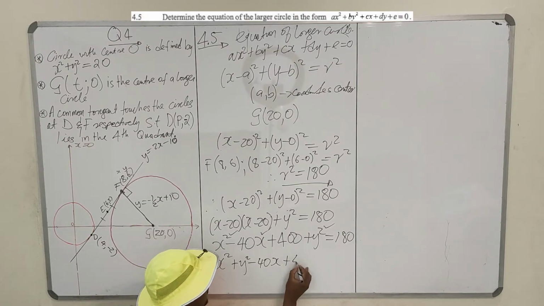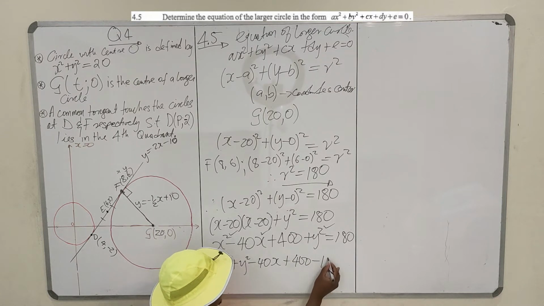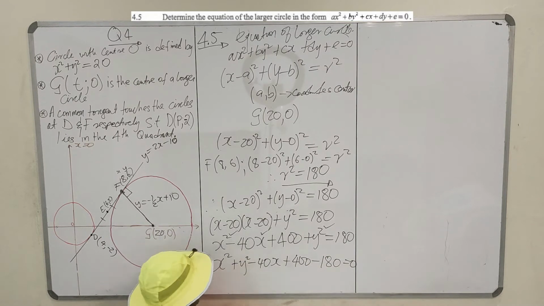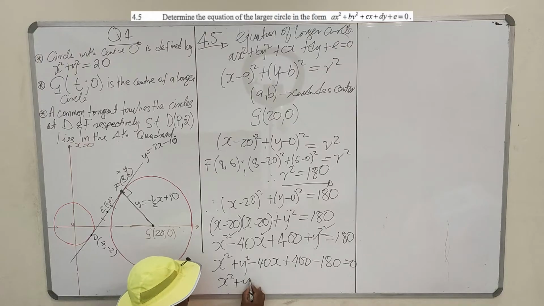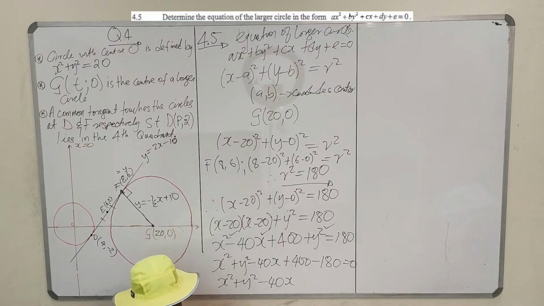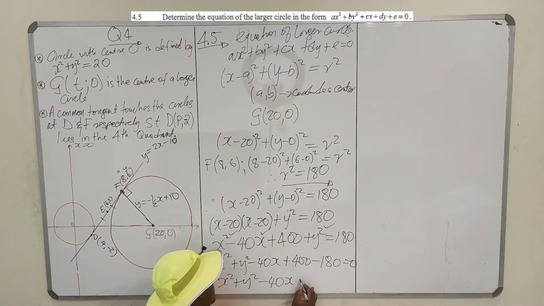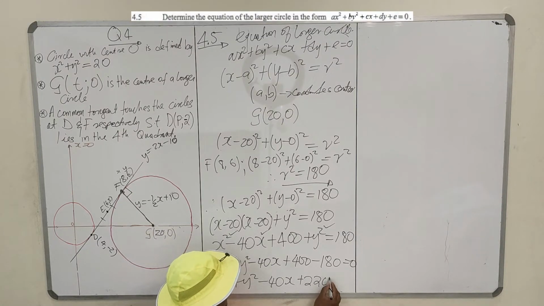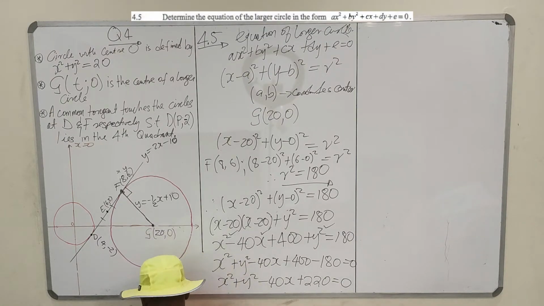Plus 400 minus 180 is equal to 0. So x squared plus y squared minus 40x, 400 minus 180, so it's plus 220 is equal to 0.